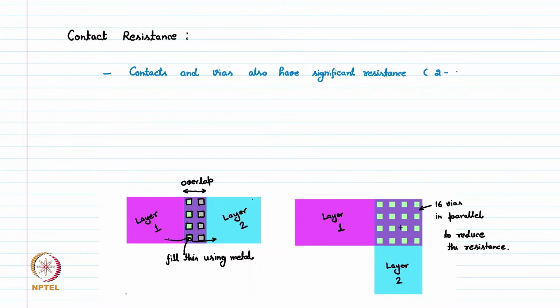Typically 2 to 20 ohm, depending upon the technology we use. To reduce the resistance, use many contacts.